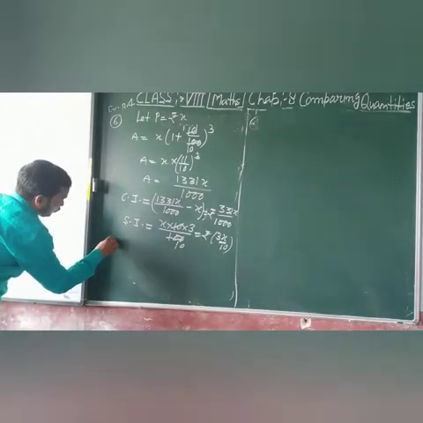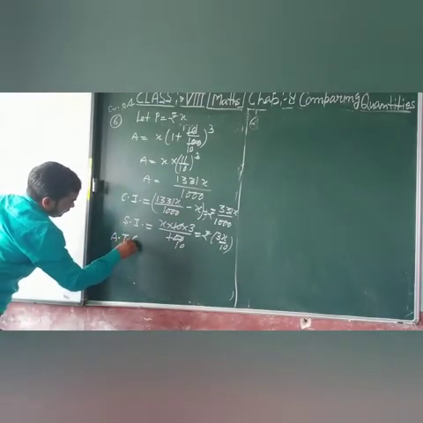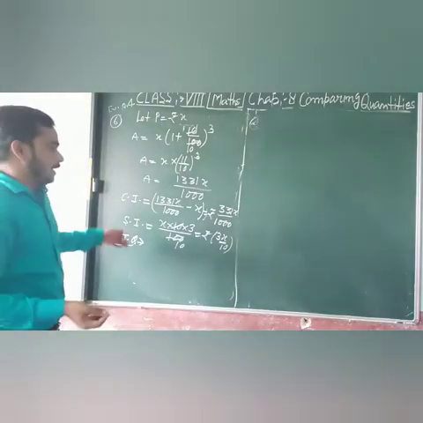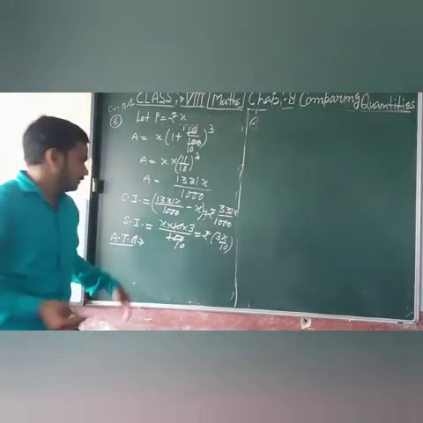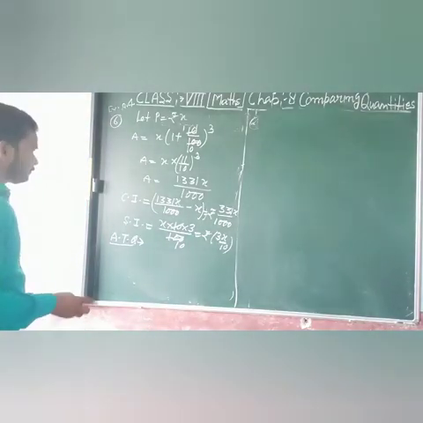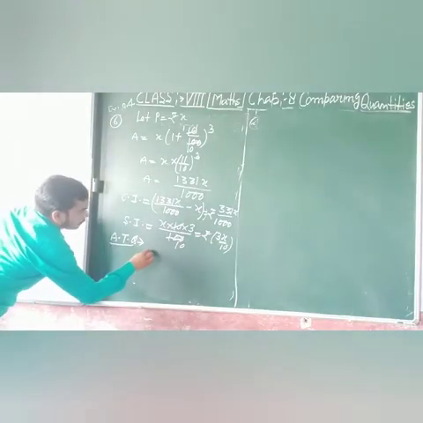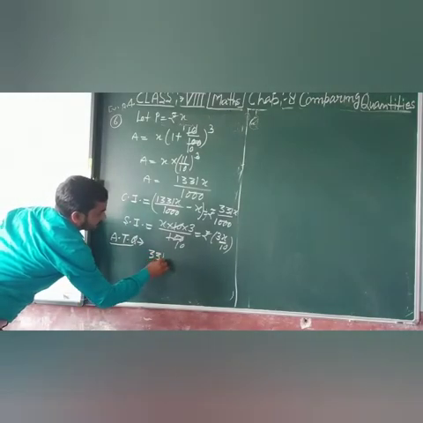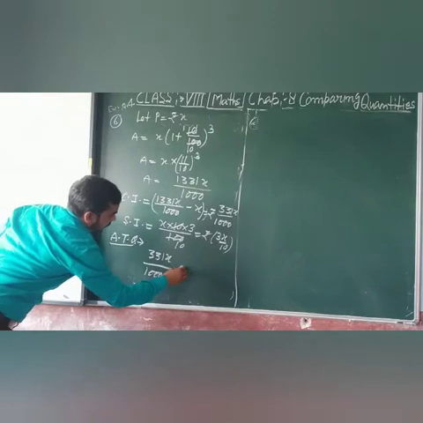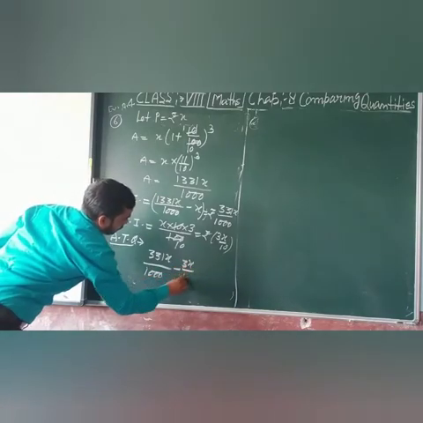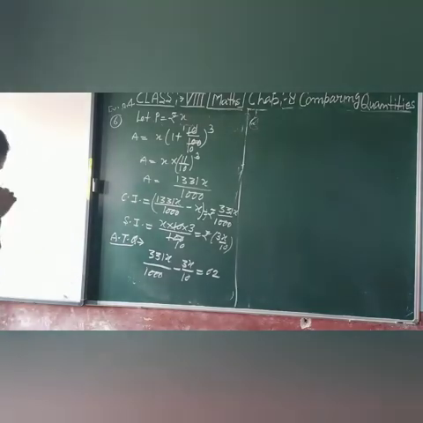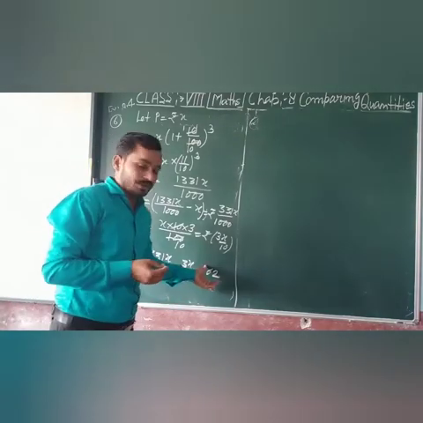So now we have found the CI and SI. So according to the question, the difference is given and CI is greater than SI. So 331x upon 1000 minus 3x upon 10 is equal to 62 rupees. This difference is given in the question.